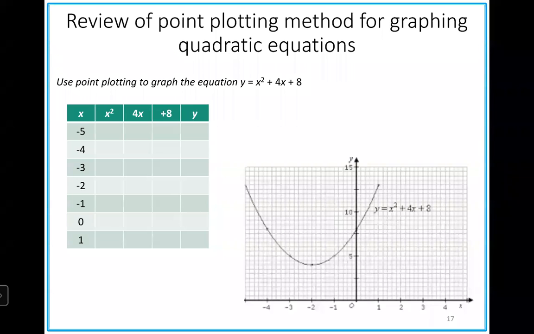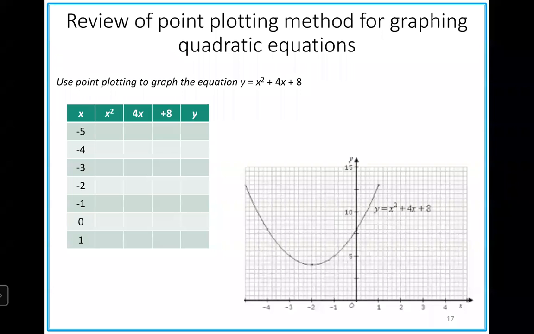Now, in the same way, we have certain principles about straight line graphs that we could use to help us plot them. Last week, we were looking at using the slope and the intercept. We have some principles that apply to quadratic equations as well. So for the remainder of the time, that's what we're going to be looking at.